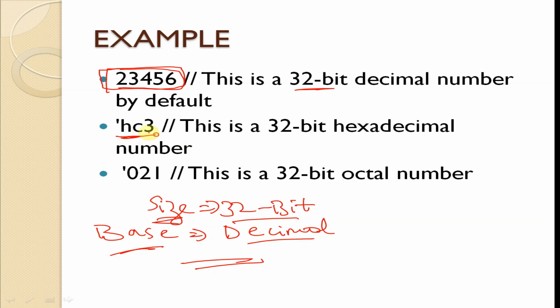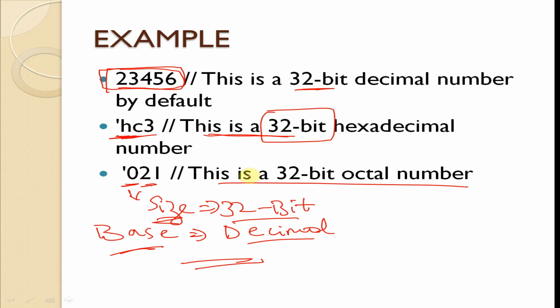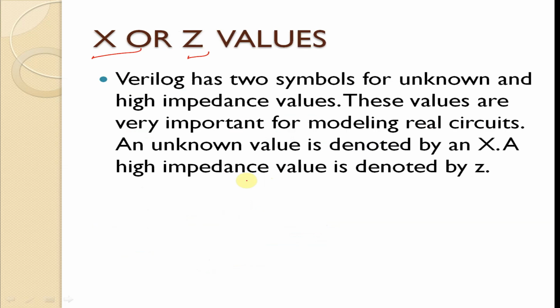And if we mention like this tick H C3 and we have not mentioned any size, by default the simulator will allocate 32-bit, and the base format is hexadecimal. And similarly for octal, tick O represents an octal number followed by the number. So this is a 32-bit octal number. So this is about the unsized numbers. So is this clear for everyone? Yeah, it is clear. Yeah, thank you.